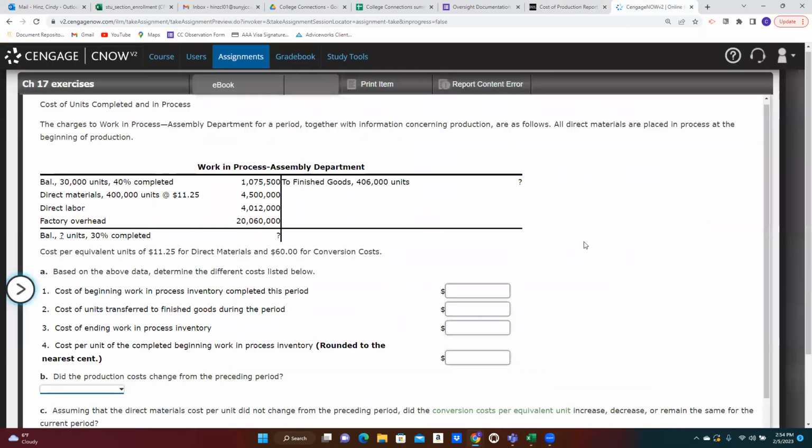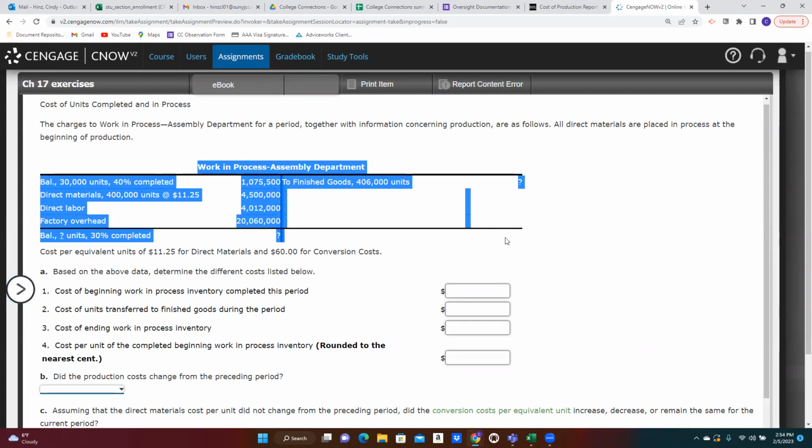So we go now to Cengage to see exercise 6, as I indicated. And I'm going to be using the cost of production report in Excel. Since I have this information printed out in front of me, I'm not going to be jumping back and forth, but you can see in the exercise in SNOW where the numbers are coming from.